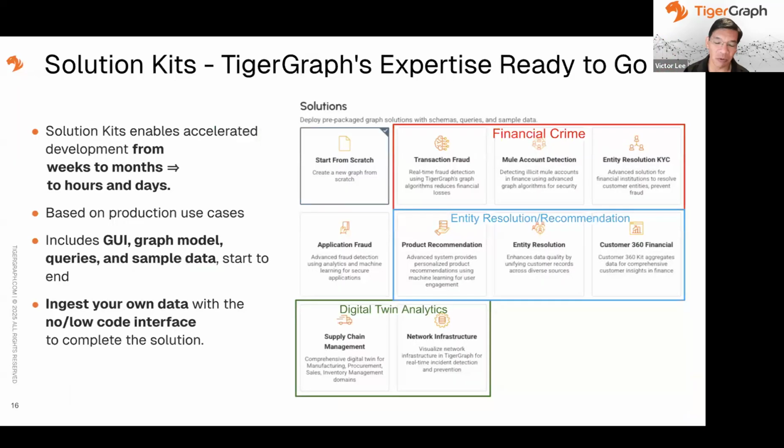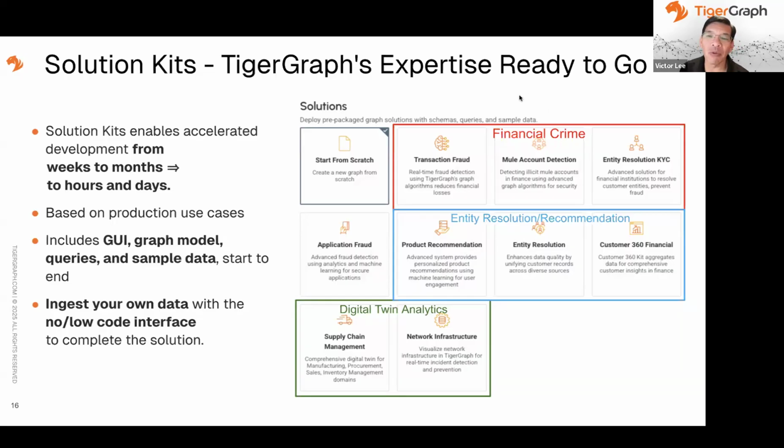So now I'm going to walk you through really this solution kit that TigerGraph offers to help other financial institutions quickly bring up this capability. We've worked with so many customers to solve this type of problem that we've been able to build reference examples with schema, with data, with queries, and with analytics dashboards to show you exactly what to do.